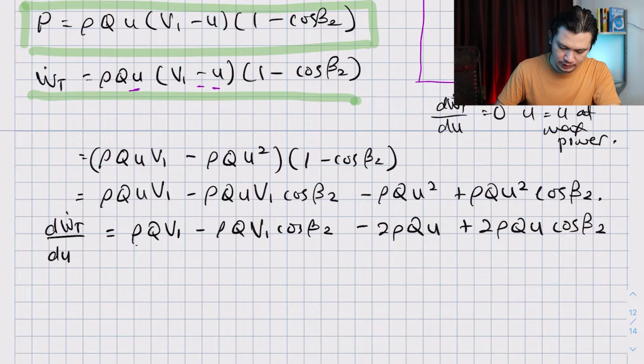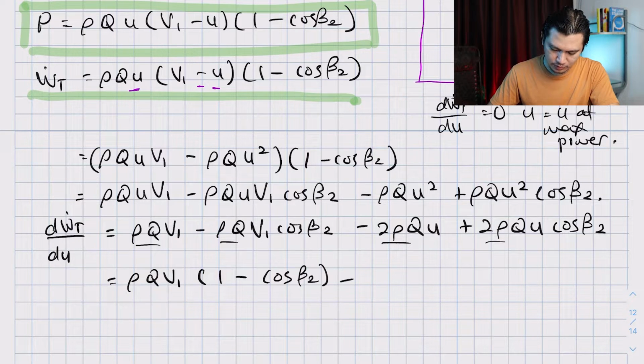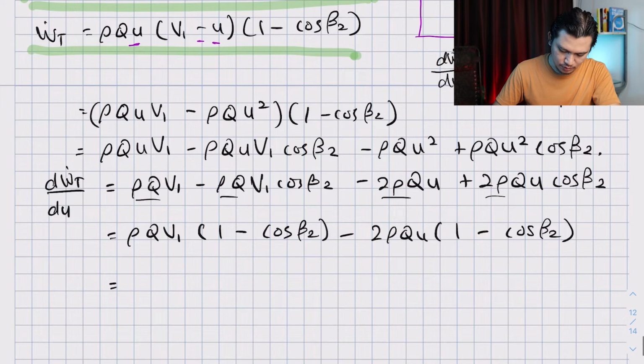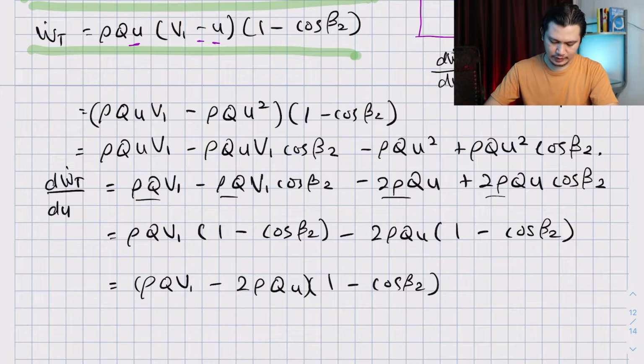Now, if I factor this out, I'm going to have rho Q V1 times 1 minus cos beta 2 minus 2 rho Q U times 1 minus cos beta 2. Is that right? Okay.